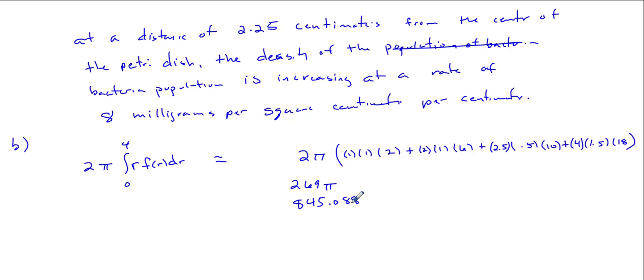Now you'd probably get 1 point if you just did the right-hand Riemann sum, maybe. They might give you all or nothing on this one also. But yeah, this r is confusing, right? So now you know how to handle it.